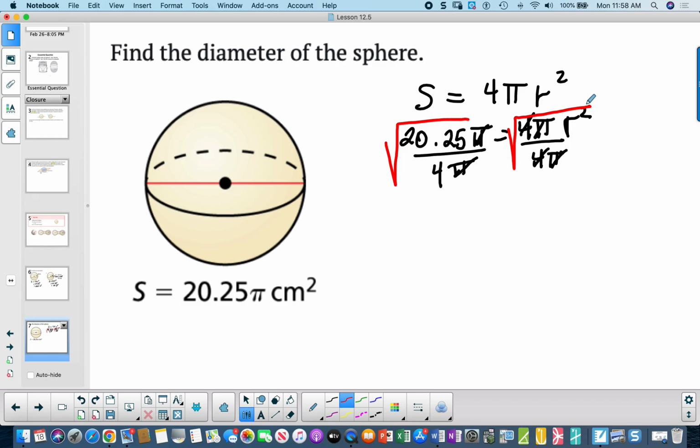And so the answer is going to be 2.25 equals r. And we want to find the diameter. So the diameter will be 4.5, and the label will be centimeters.